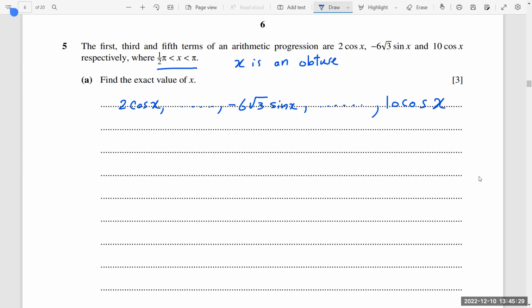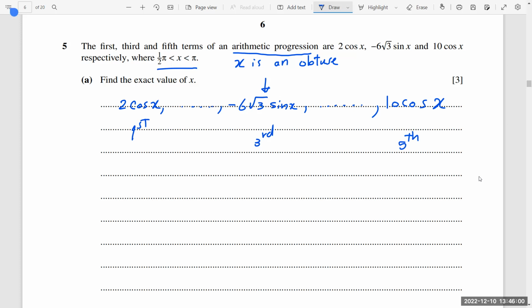So the sine is positive and the cosine is negative. Now the question is, find the exact value of x. Here I have the first term, third term, and fifth term in the arithmetic progression.